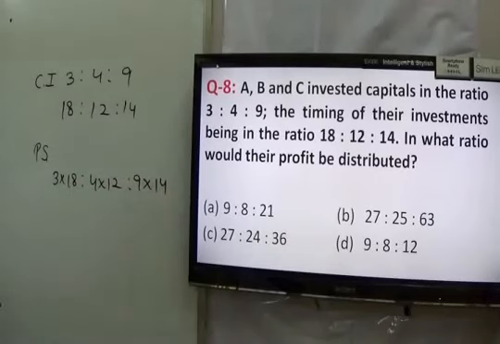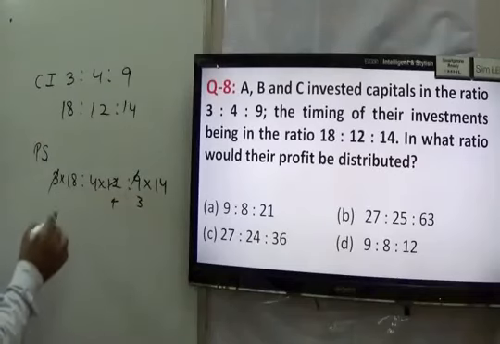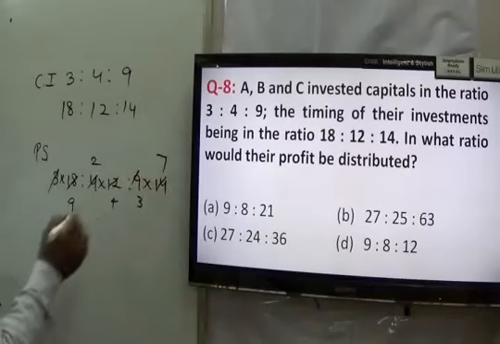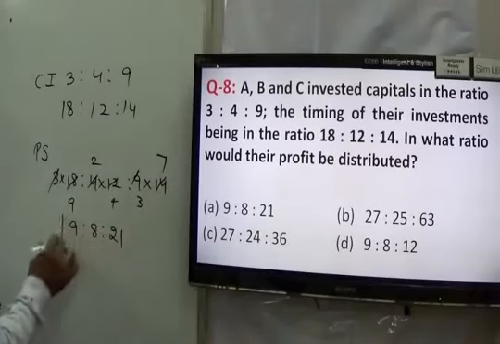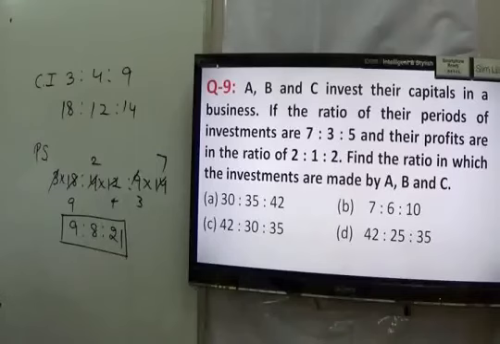From here we can say 3 would be cancelled out. It will be 4, it will be 3. Or we can say 2 will be cancelled out, 9. That would be 2, that would be 7. So the profit sharing ratio is 9:8:21. I have taken some questions based on this only to make the concept clear. So here I can say the answer is 9:8:21.